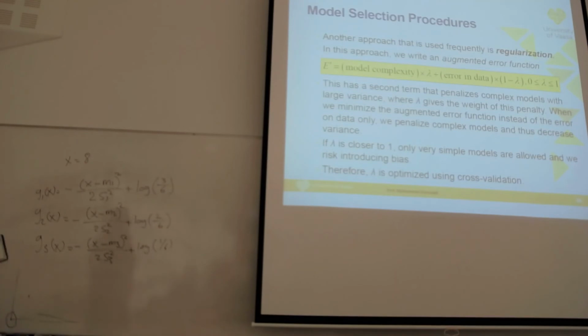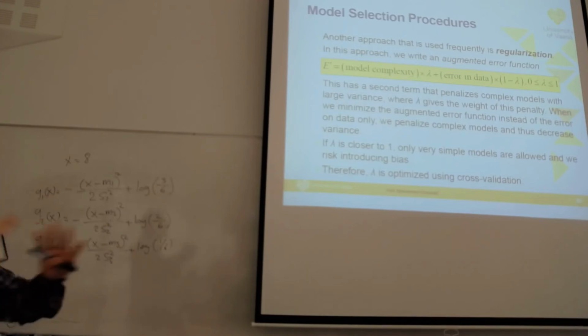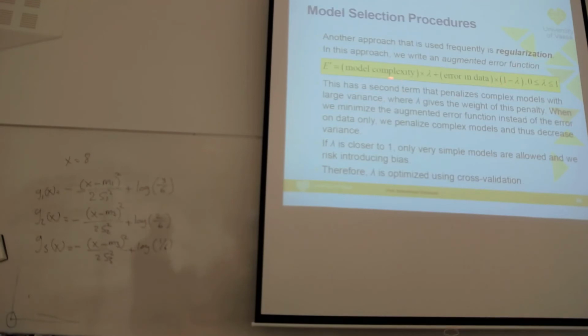Okay, now, if lambda equals 0, what does it mean? Lambda equal to 0 means that we completely ignore the model complexity and we just concentrate on the error in data. So we want to minimize the error in data only, whatever the complexity of our model. If you put lambda equal to 1, this will be 0 and this will be 1.